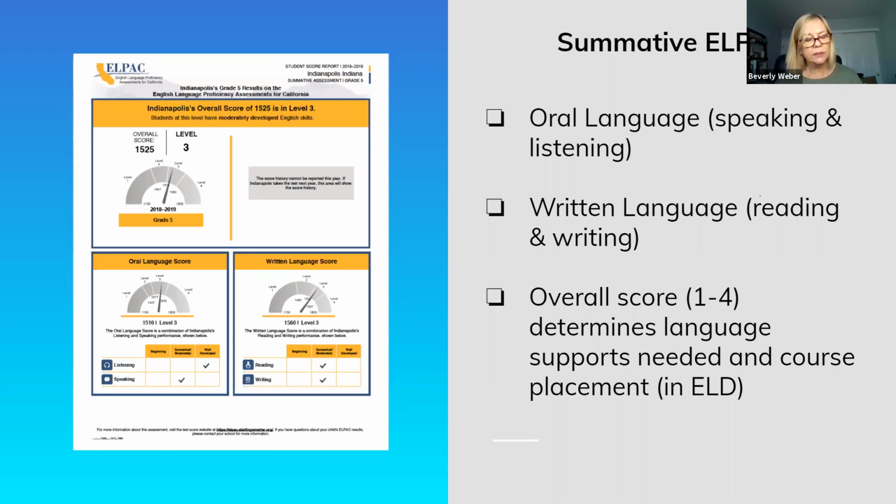The score will include an overall score of between 1 and 4, a score for oral language, which includes speaking and listening, and a score for written language, which includes reading and writing. These scores will help your child's teacher and you see the progress your child makes from year to year.